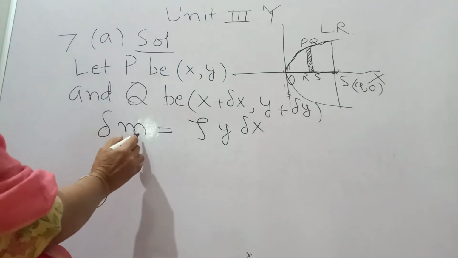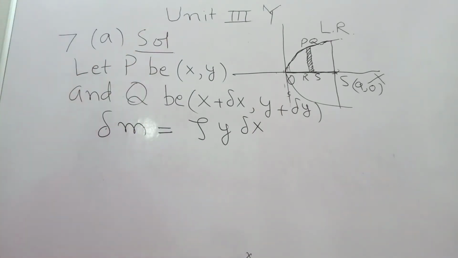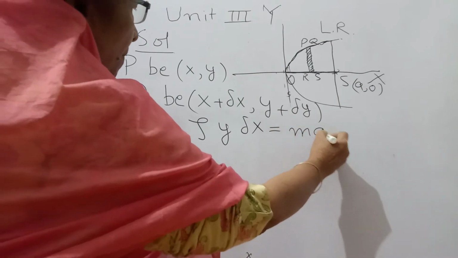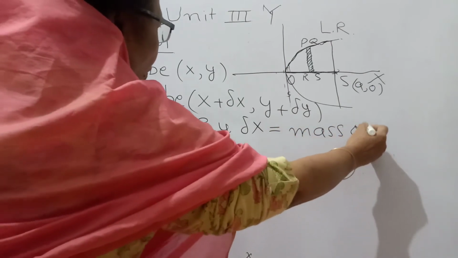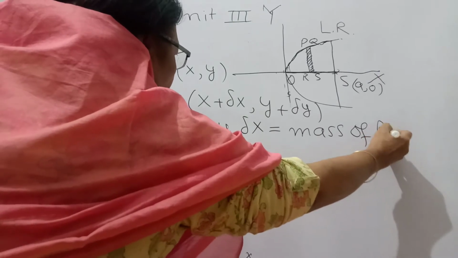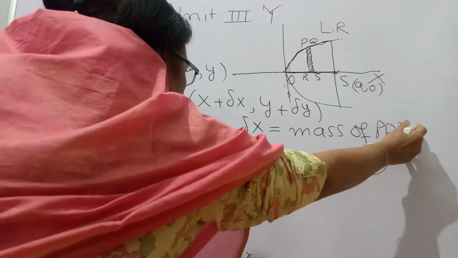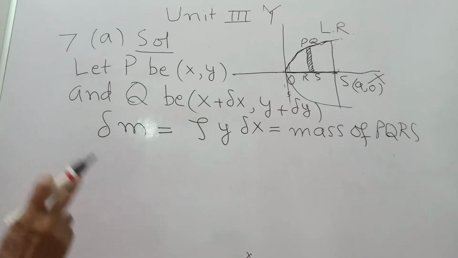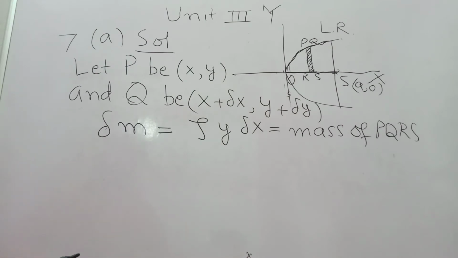So the delta M, that is the mass of this elementary strip PQRS, will be rho y delta x.